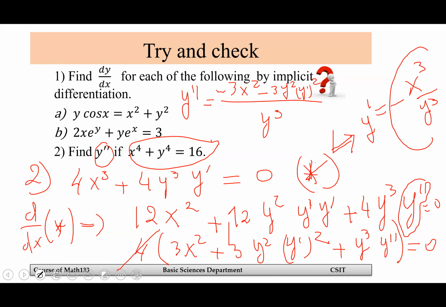The final step is to replace y prime by minus x cubed over y cubed, so it will make the computation a little bit simpler.